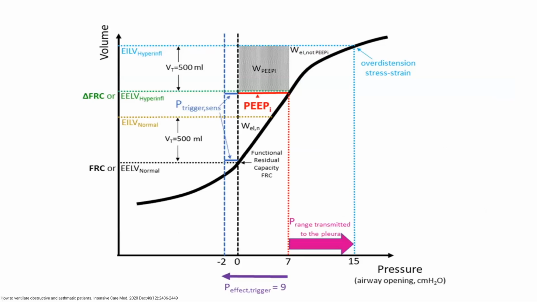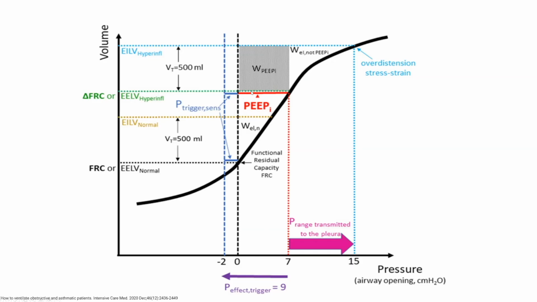It looks kind of convoluted, but this is really just a pressure volume curve with a bunch of things highlighted and labeled. This is a sigmoid shape representing the lung at different volumes and their corresponding pressures. And in a patient who does not have dynamic hyperinflation, EELV would be the natural FRC, where the lung volumes are returning to their baseline state, and then this would be the end of inspiration.